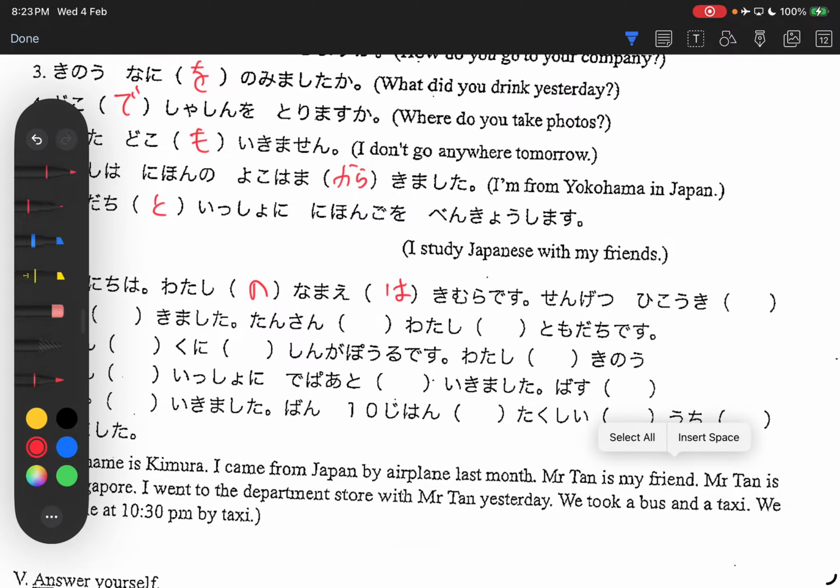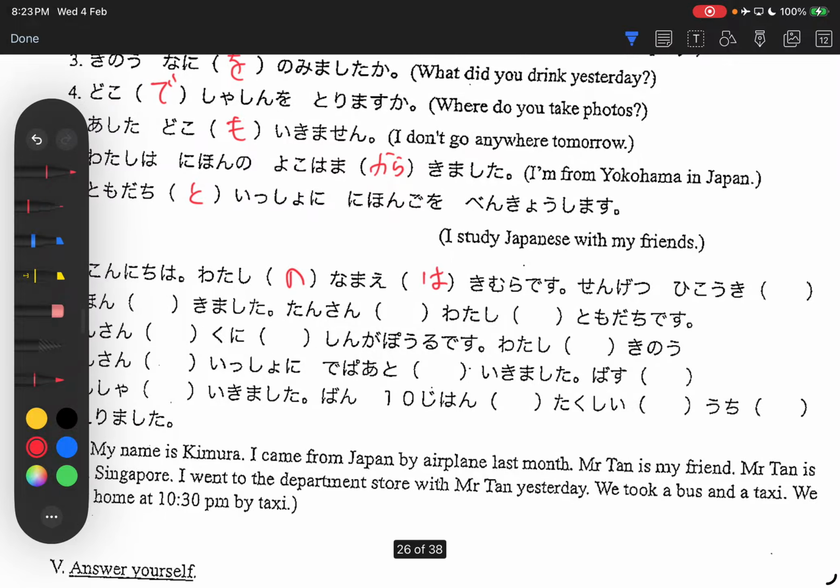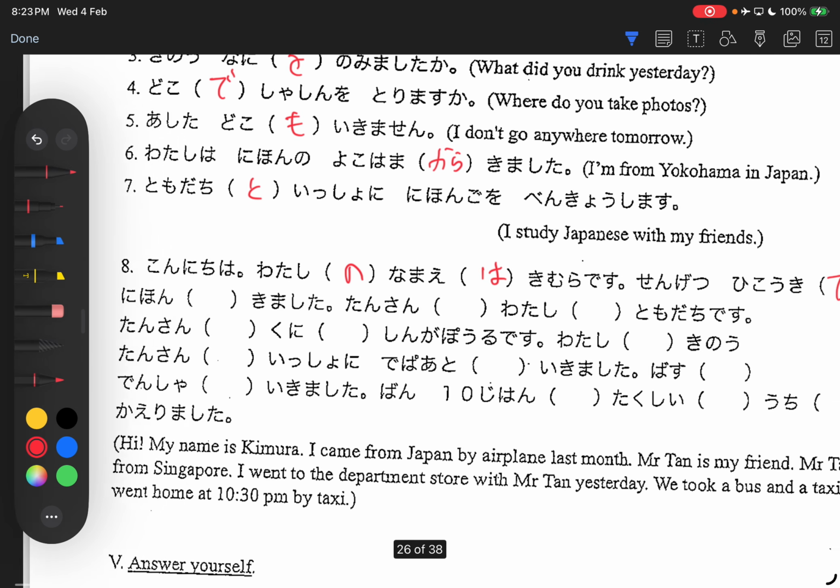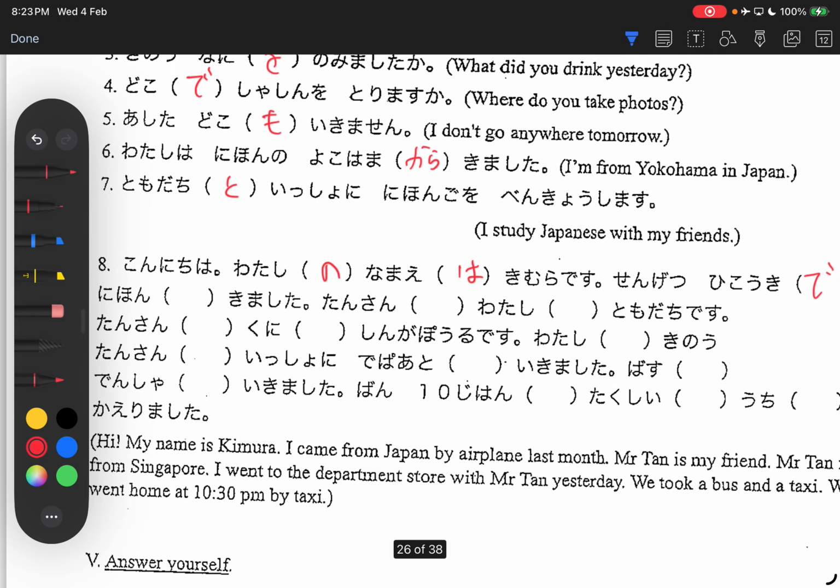飛行機で来ました日本に来ました. Okay, if you want to use ni or e over here is fine, but of course the best is ni. But we cannot say 日本で. But the English sentence is I came from Japan, so Nihon kara.